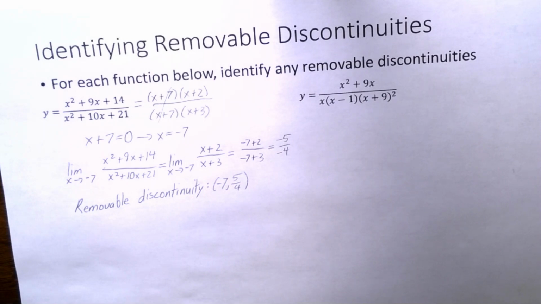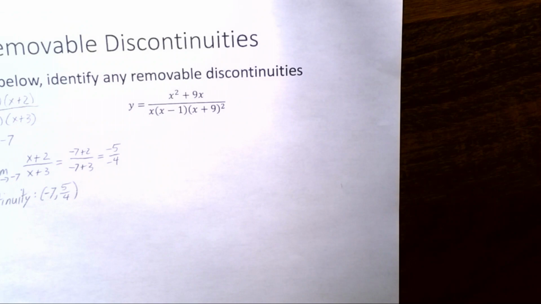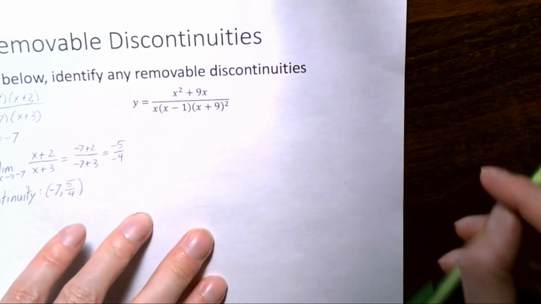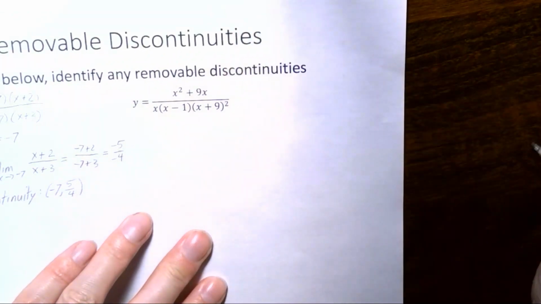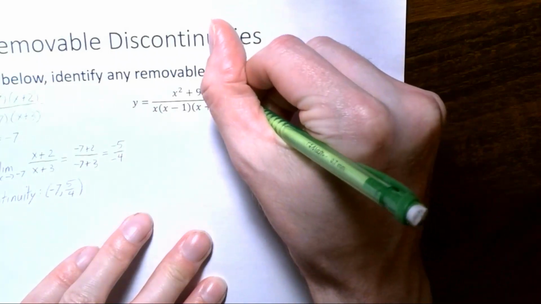Now, let's move on to the next problem, identifying removable discontinuities on the function x squared plus 9x over x times x minus 1 times x plus 9 squared. The first thing to do on this function is to factor and simplify.